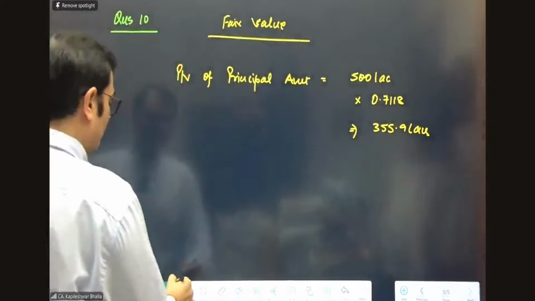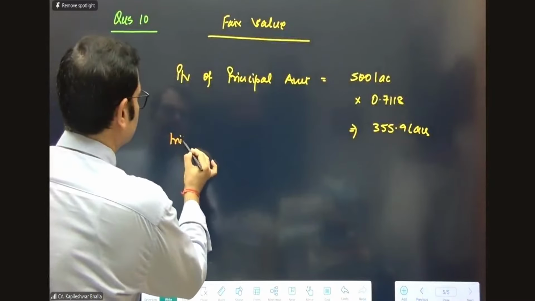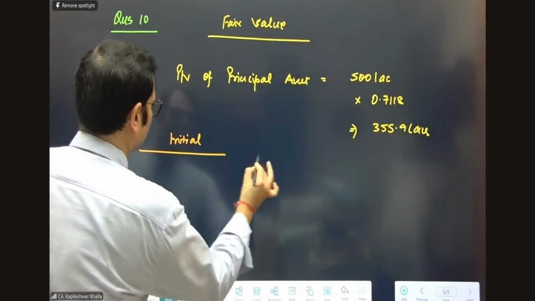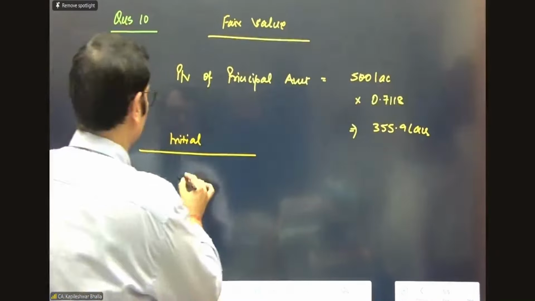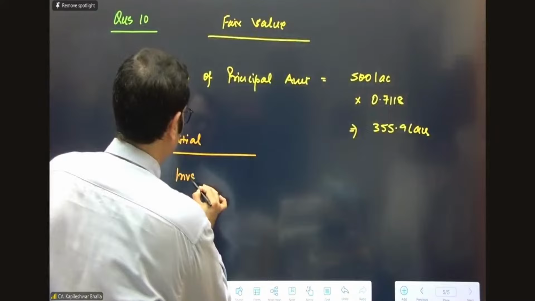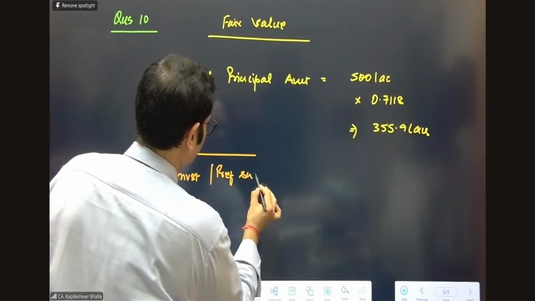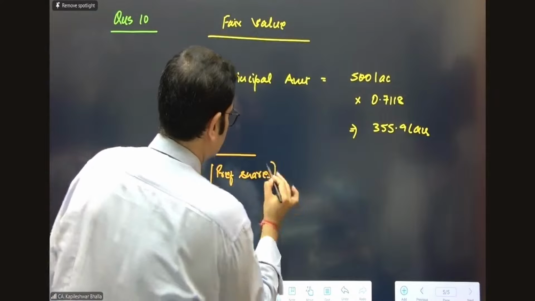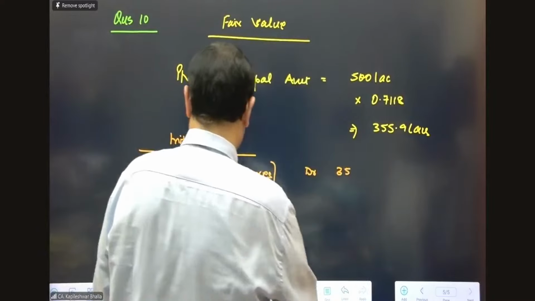Wonderful indeed. So let's see the entries which will be done at the recognition of this loan, not loan, rather investment in preference shares. First of all, we take the investment in preference shares of the subsidiary. And this is going to be debited at the fair value, which is 355.9.